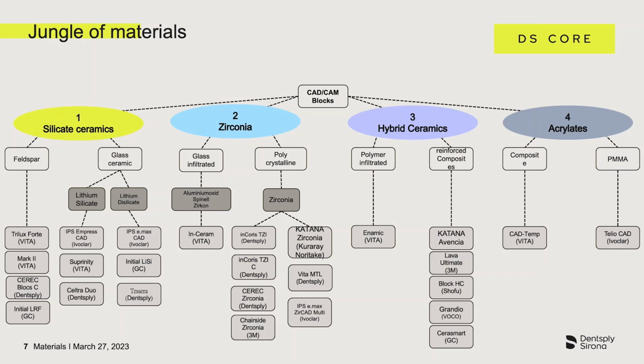The zircons are divided into glass infiltrated or polycrystalline zircons. For hybrid ceramics, the subdivision is mainly about whether it is more of a composite-based material or a glass infiltrated material or a polymer infiltrated ceramic. The acrylates are subdivided according to their main material. There are two subgroups, composites and PMMA.